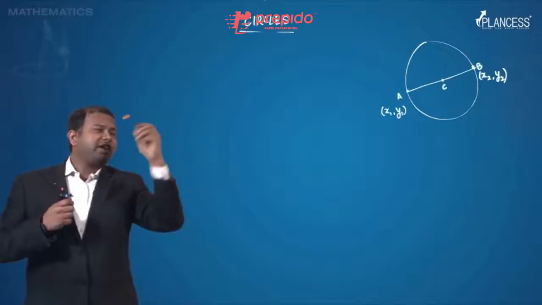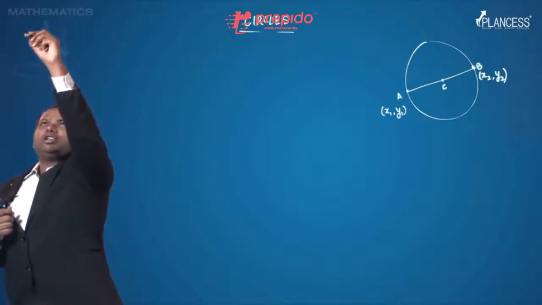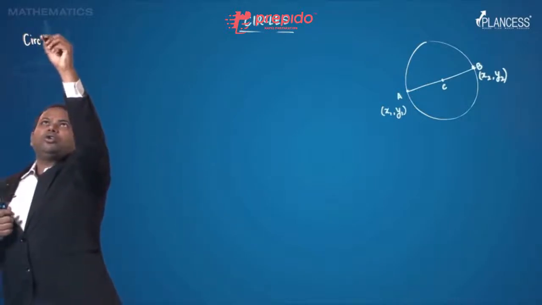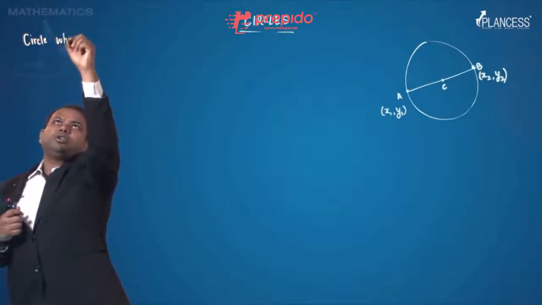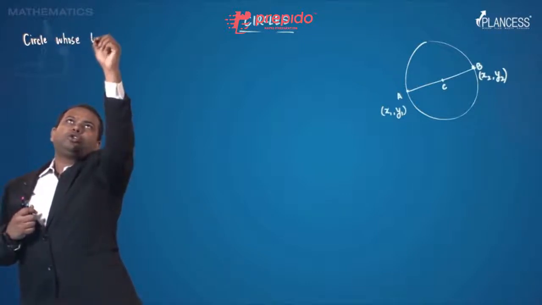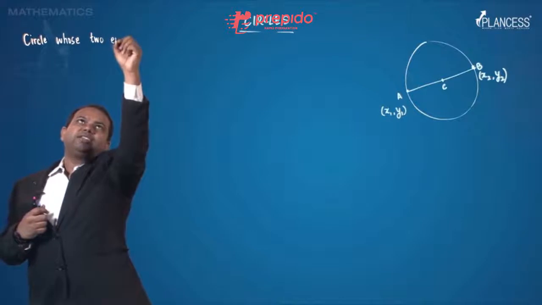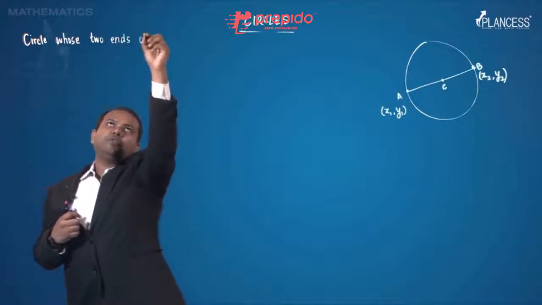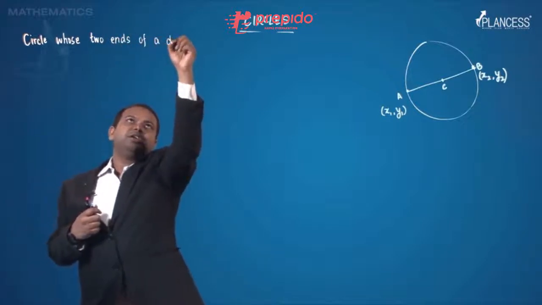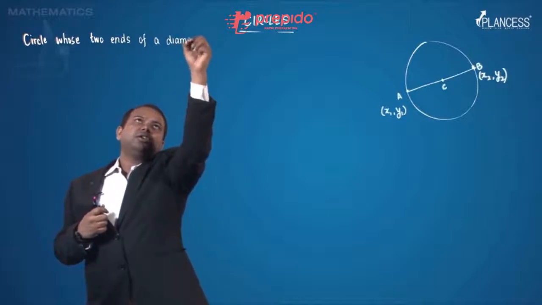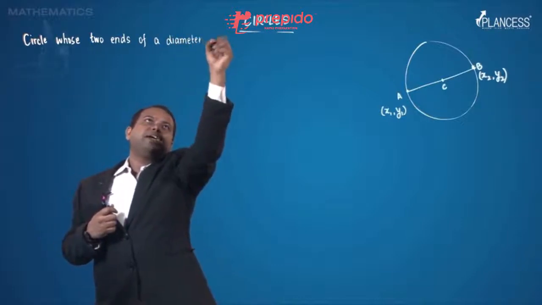So let's first give it a heading: circle whose two ends of a diameter are given.